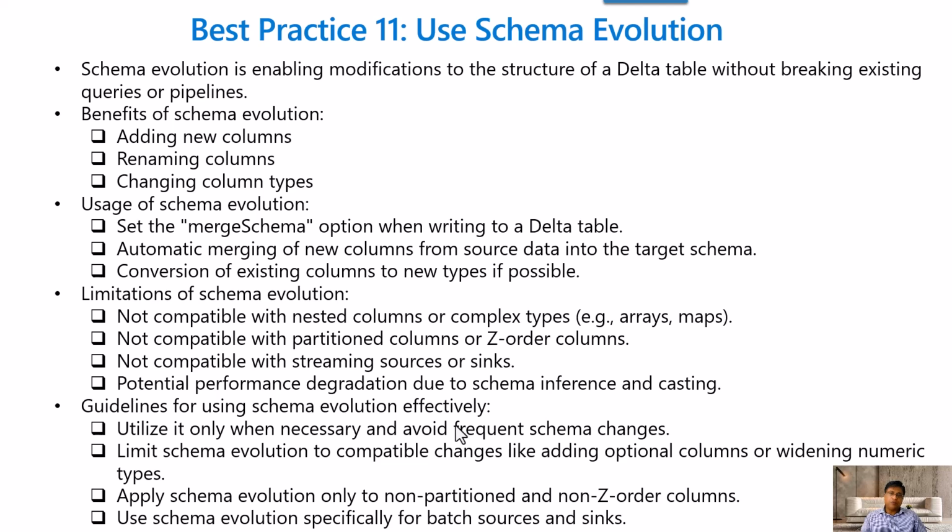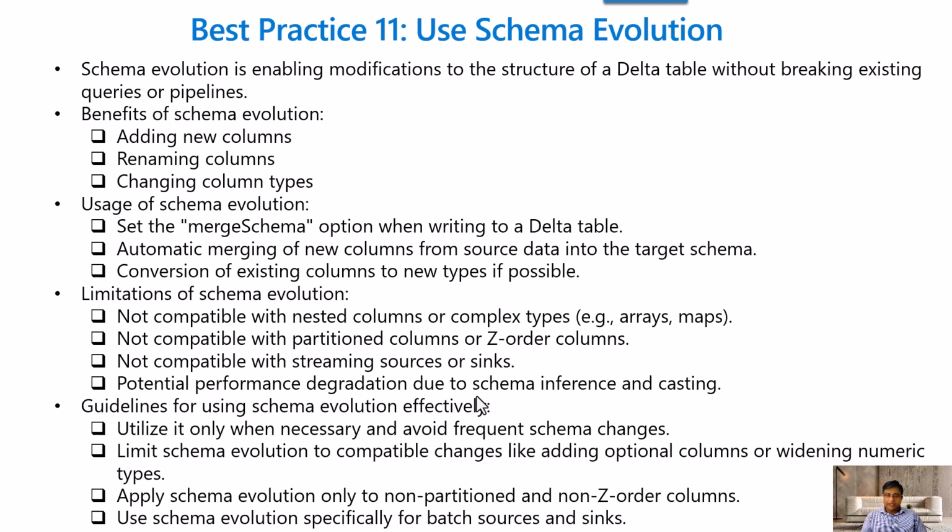What are the guidelines for using schema evolution? Always utilize it only when it is absolutely necessary, and always avoid frequent data changes or schema changes, right? Always limit schema evolution to compatible changes, like adding an optional column or widening the numeric types to a larger numeric size, right?